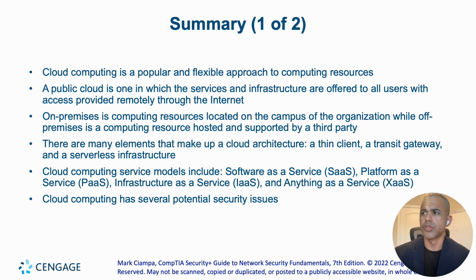Platform, accessing the resources that allow you to code your own application in the cloud. And then infrastructure, you're accessing computing power, storage, and that allows you to create your own platform, your own software right on top of it. And anything as a service is everything in between. Think of IoT, Internet of Things, containerization. All of these things fall under anything as a service.